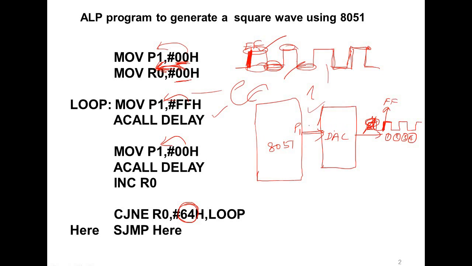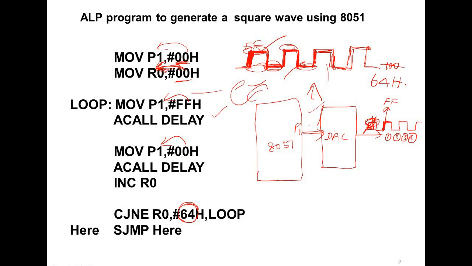So FF is sent, next delay, then 0, then delay, then FF, delay, 0, delay, FF, delay, 0. It goes on till 100 pulses, that is 64 hexadecimal. That is why we increment R0.